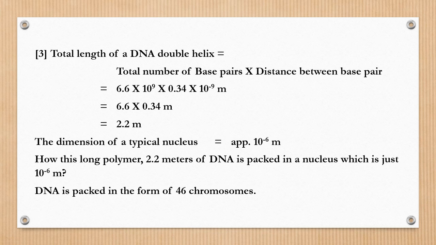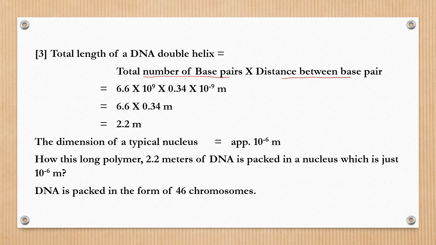Now based on the data, let's find the total length of a DNA double helix in a human cell. The total length of DNA double helix is equal to the total number of base pairs in diploid content into the distance between the base pairs.